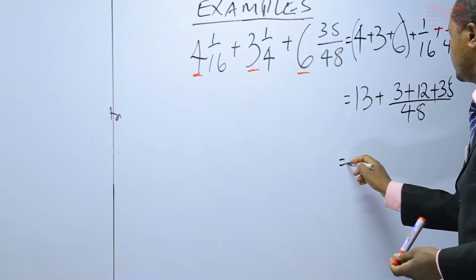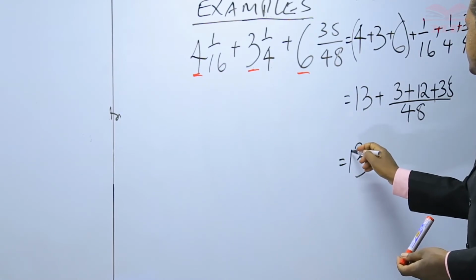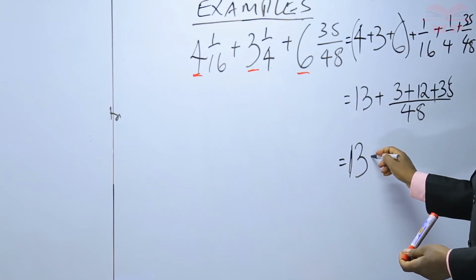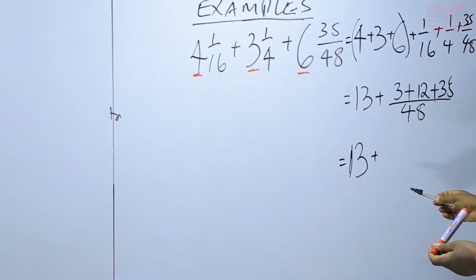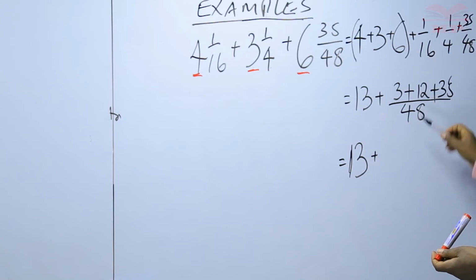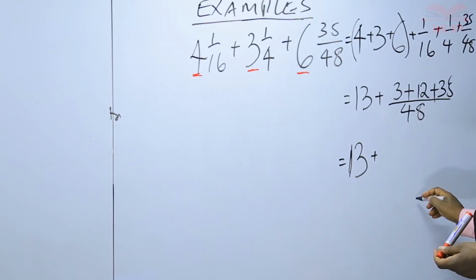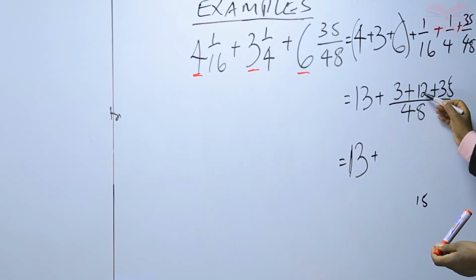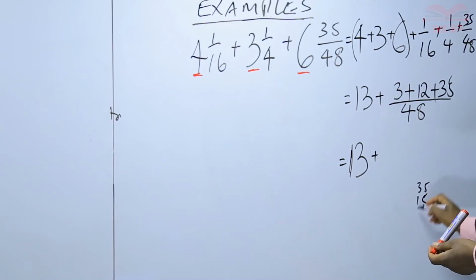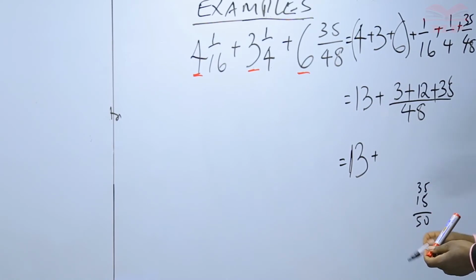So this will be equal to 13 plus 3 plus 12 is 15, 15 plus 35 is equal to 50.